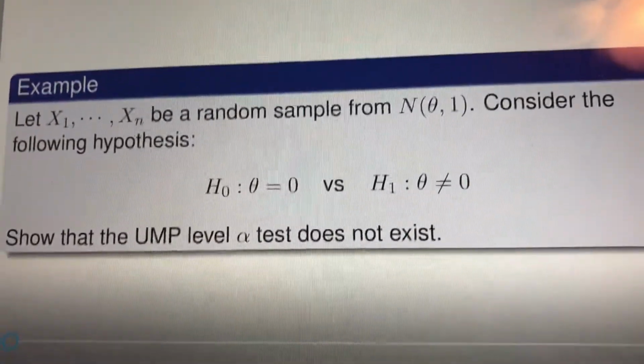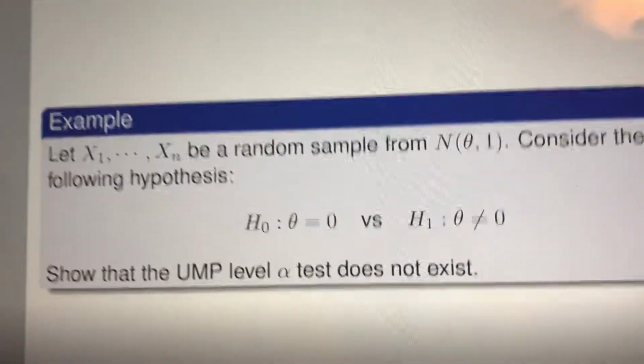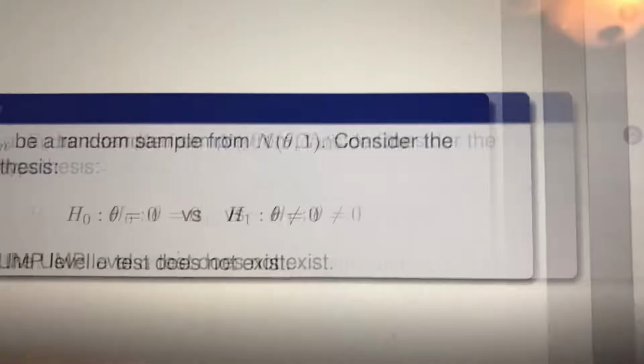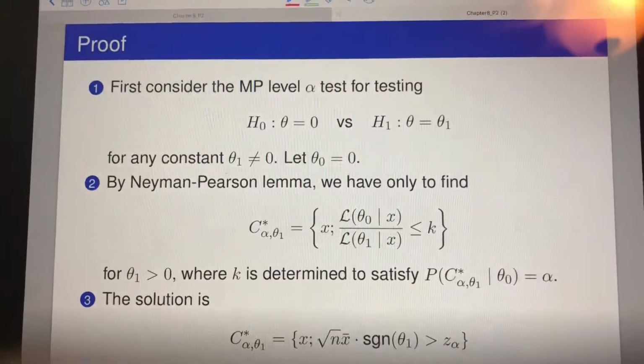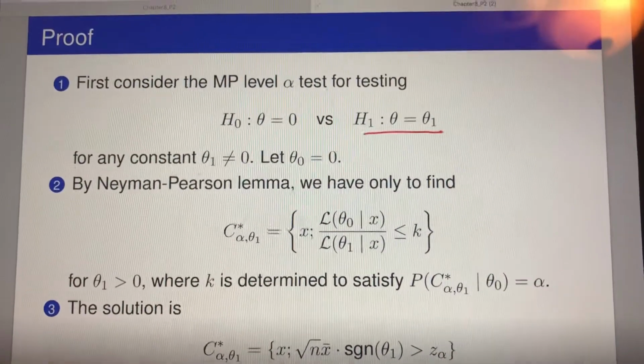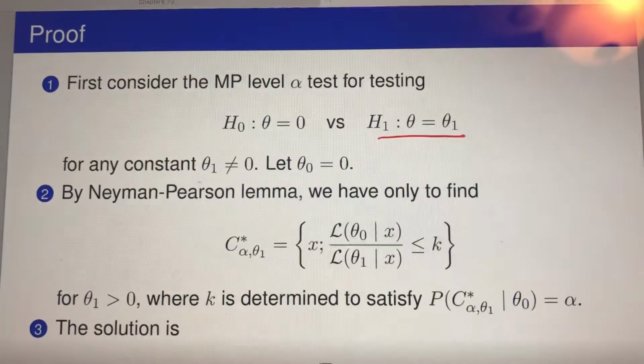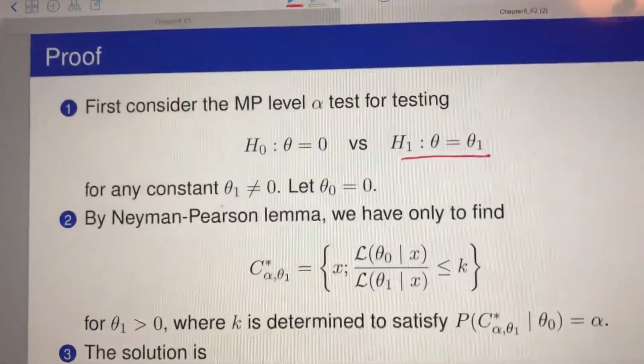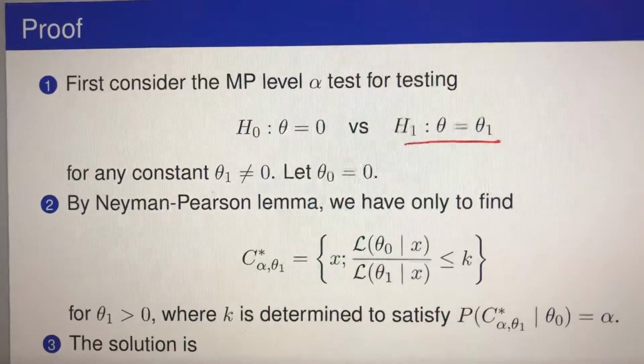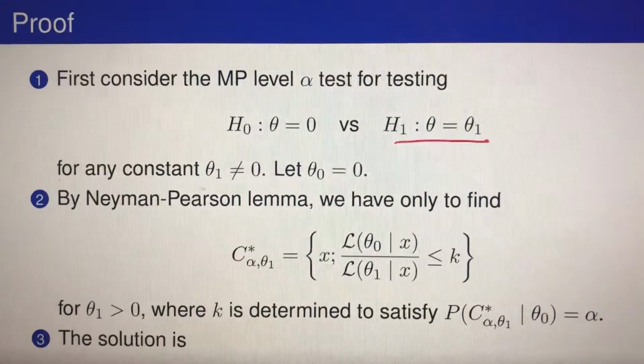Let's see why. How do we find the UMP test? Usually the starting point is to fix one value in the alternative hypothesis and see whether the critical region depends on theta 1.